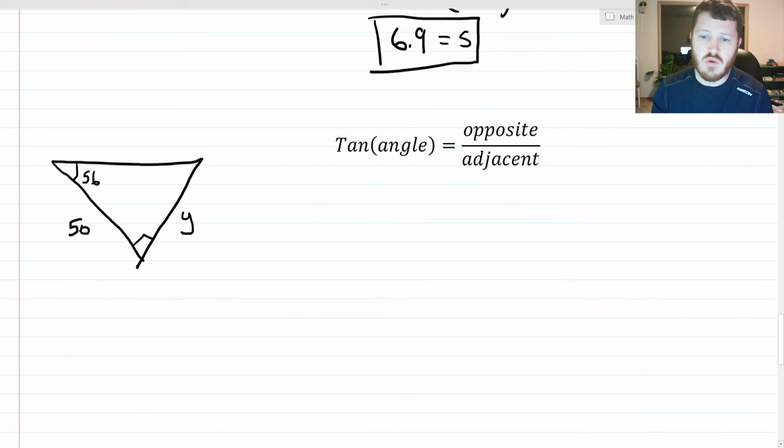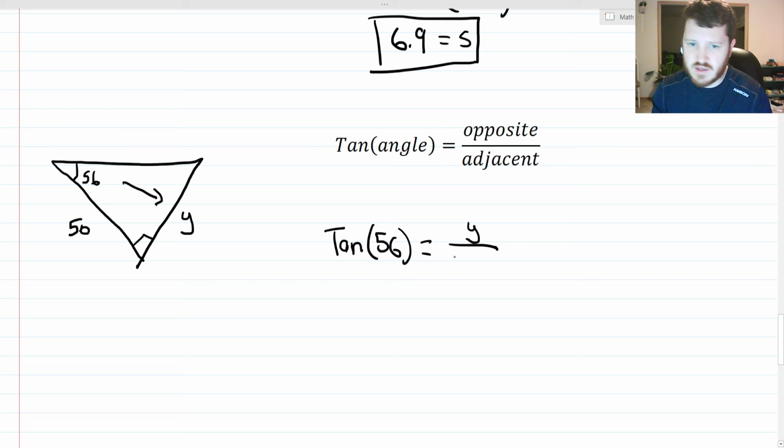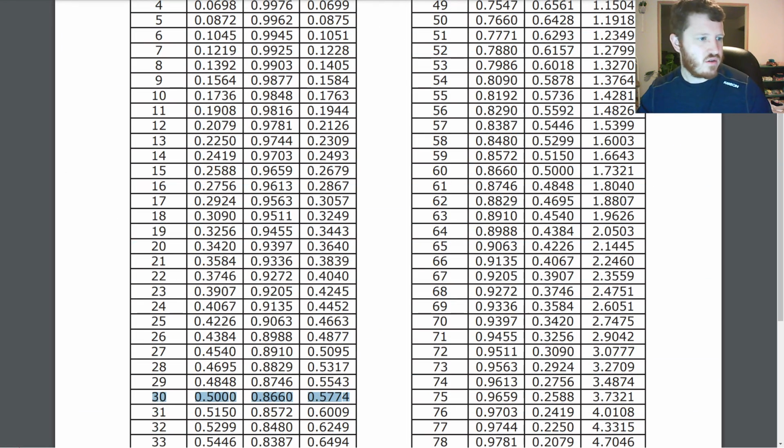If we have this triangle, we want to find the length y. The tan, here we have our angle. We're going to talk about this one as 56 degrees. The opposite is y, and the adjacent is 50. So we need to solve this triangle. The tangent of 56 is 1.4826.